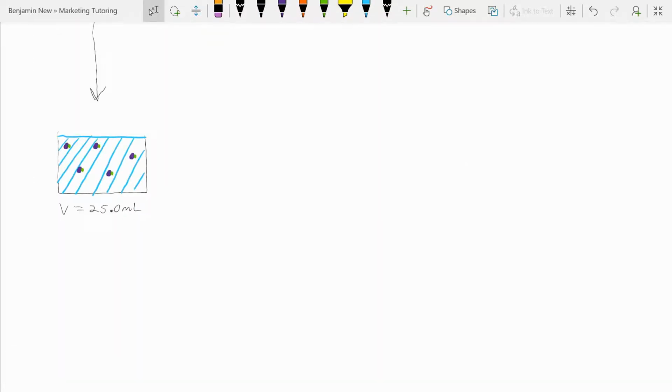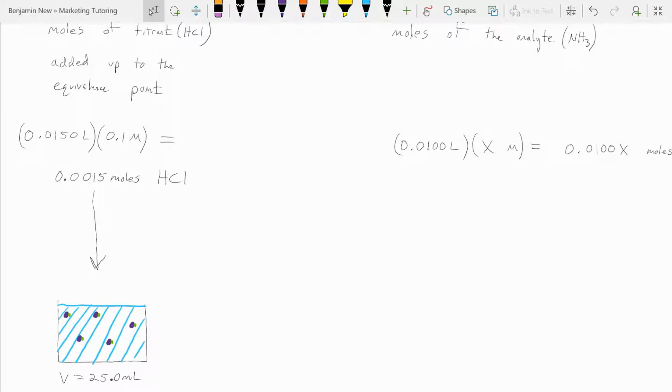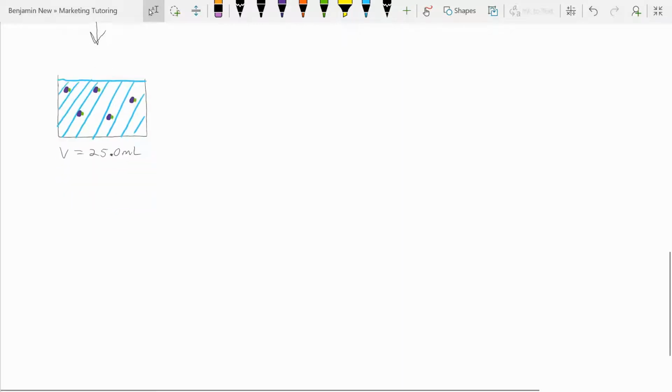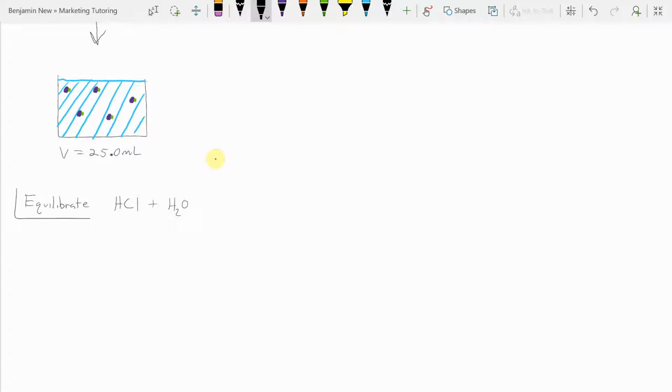So in order to do that, we have the number of moles of HCl, and we have the new volume. And we say, okay, what we're going to do is equilibrate the HCl and the water alone first.